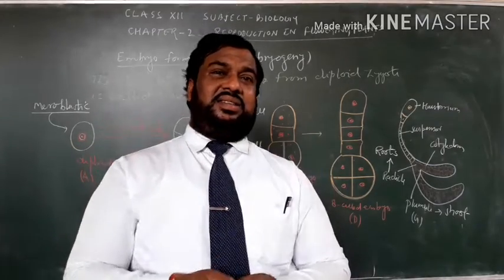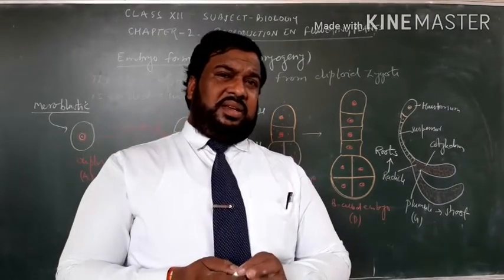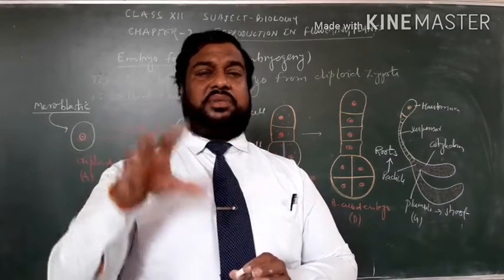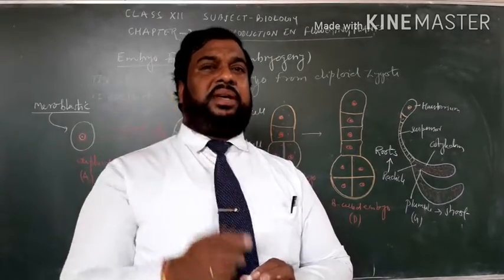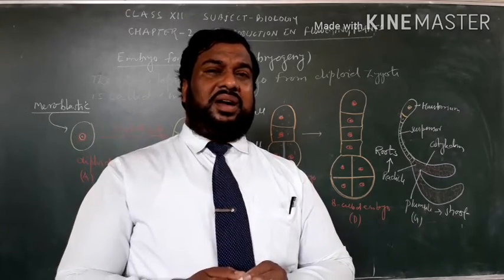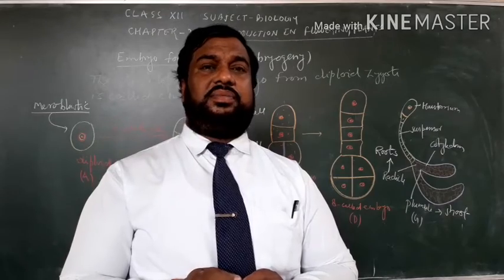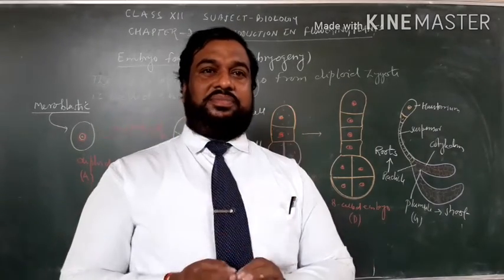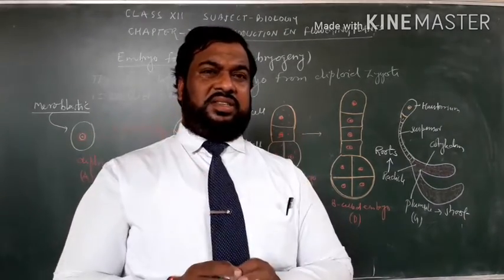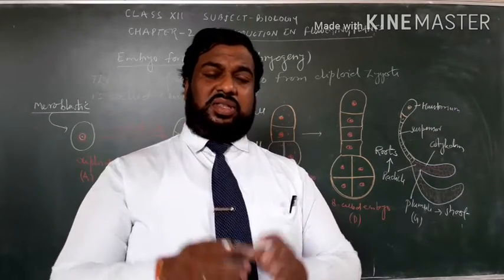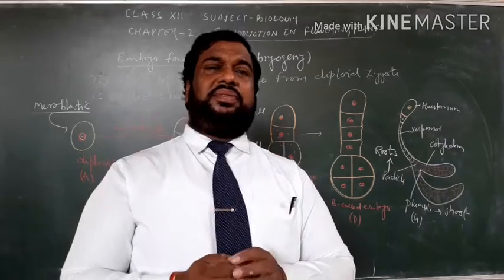And last, the dermatogen forms a protective layer known as epidermis. And the cells of ground tissue further divide to form cortex and pith. So this is about the future of the embryo.